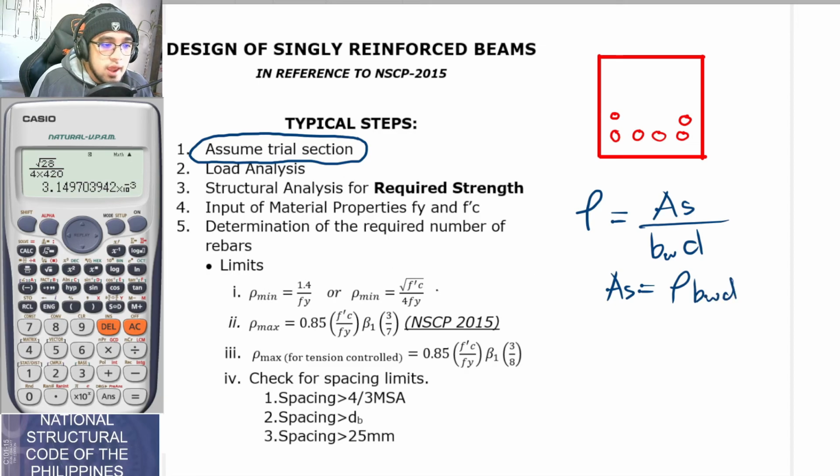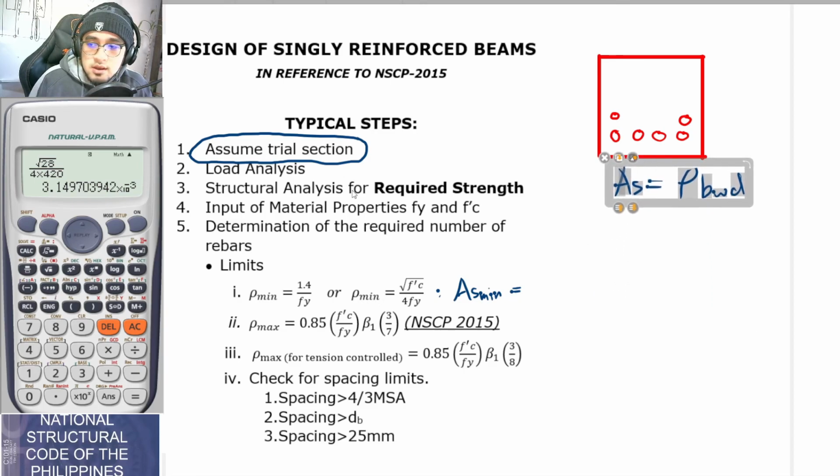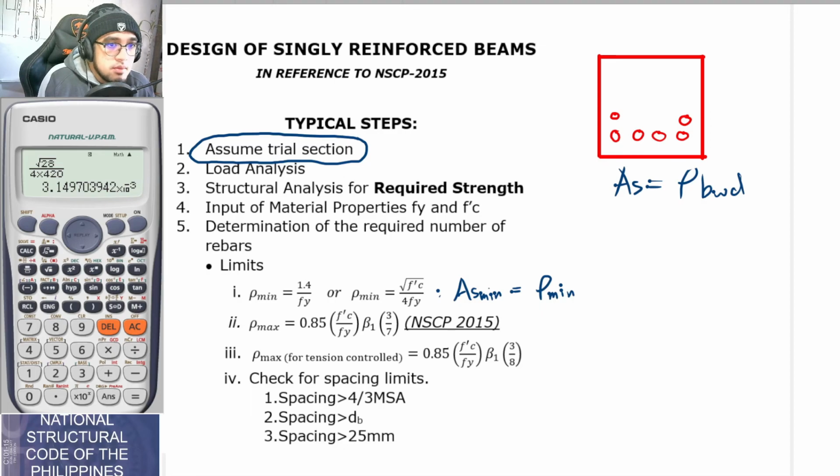So for your As minimum, this is equal to rho minimum times bwd. And as for our As maximum, this is equal to your rho max times, of course, bwd.